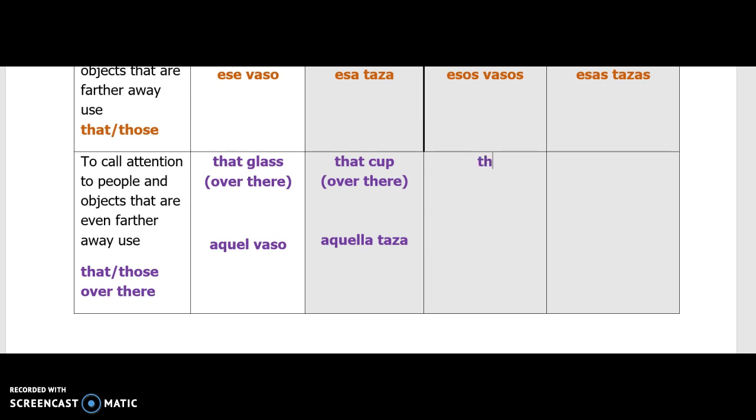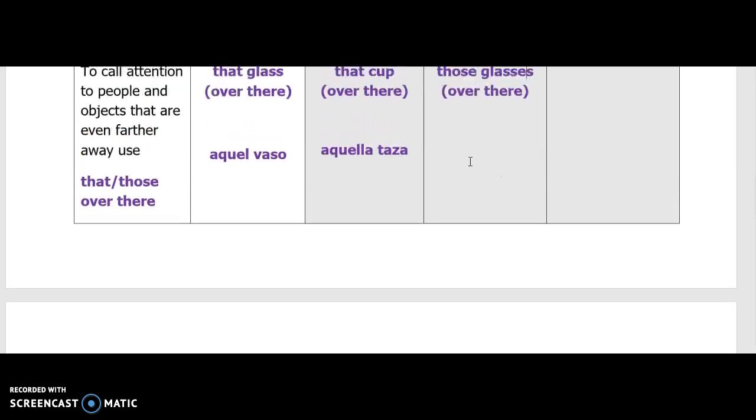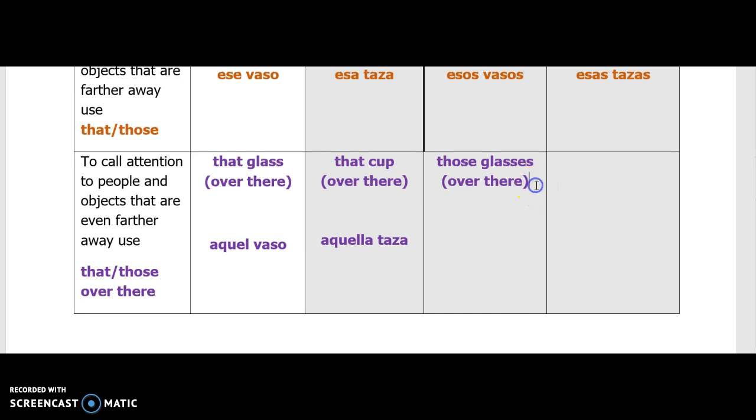So we've got those glasses. Which ones are we talking about? The ones that are way over there. They're a little bit further away. Aquel is the singular. You're going to make it aquellos, like el and ellos. Aquellos vasos.